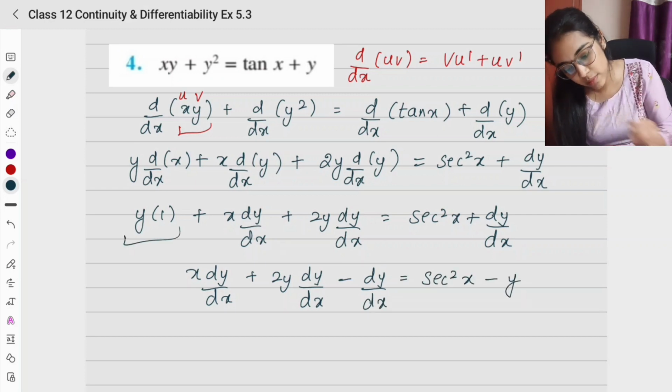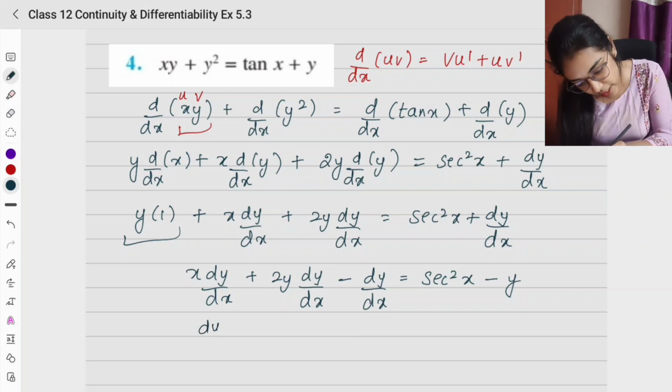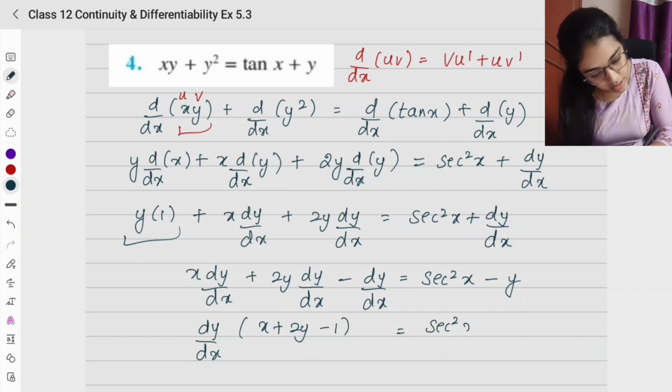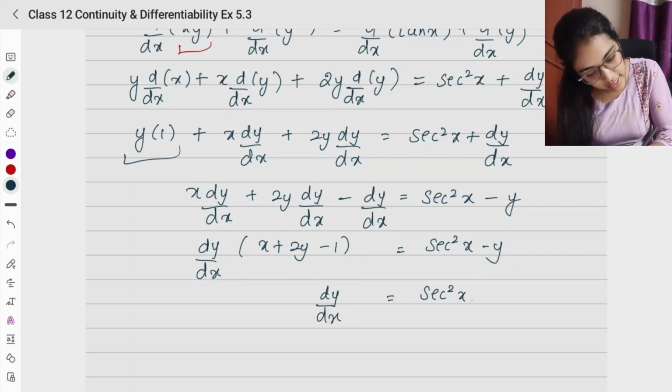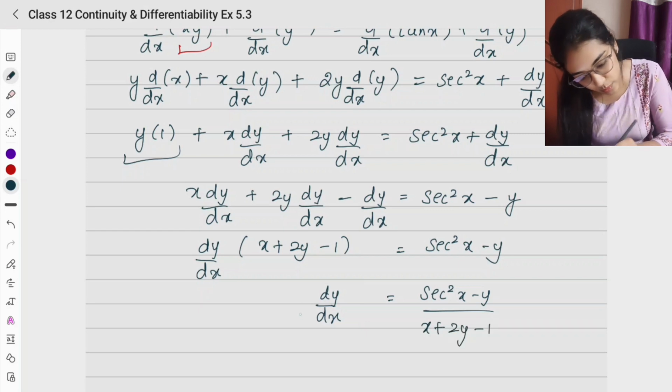The y here comes to the other side. Okay, for taking dy by dx to be common, I have x plus 2y minus 1 is equal to secant square x minus y. So dy by dx is going to be secant square x minus y divided by x plus 2y minus 1. Okay.